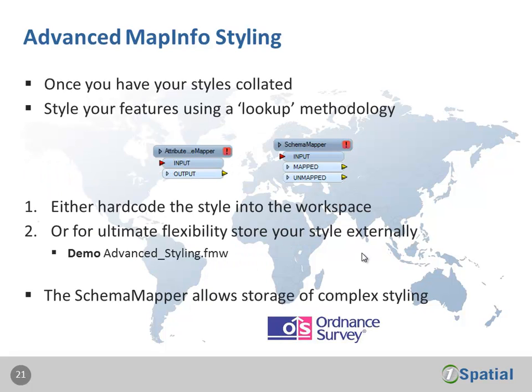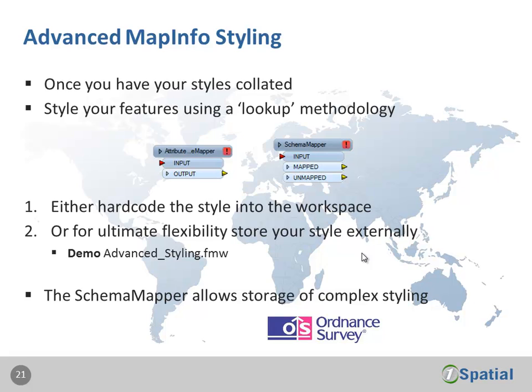So, once you have your styles collated in a spreadsheet, as I said, you can either use them directly in the workspace, or you can use an approach to join to that spreadsheet and use a lookup methodology. So, the attribute value mapper allows you to hard code the styles into your workspace.